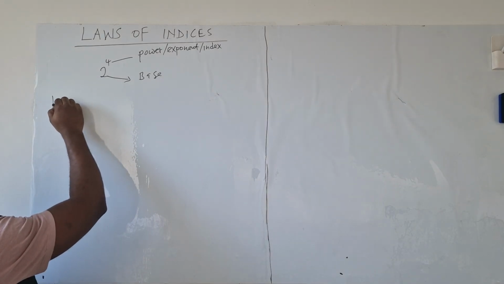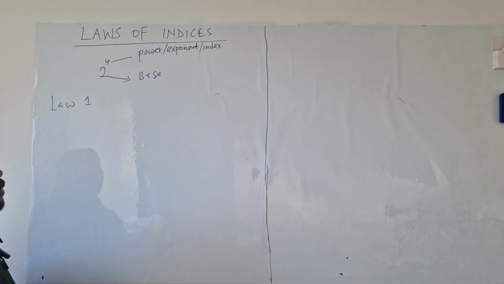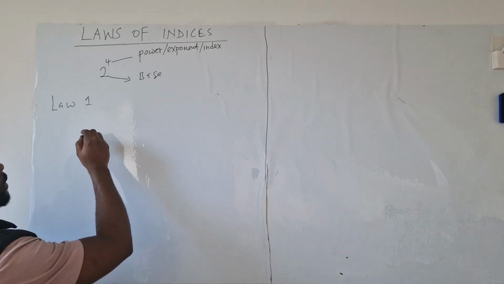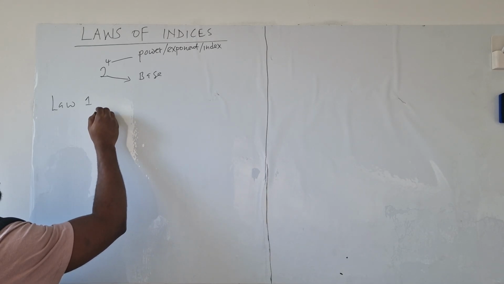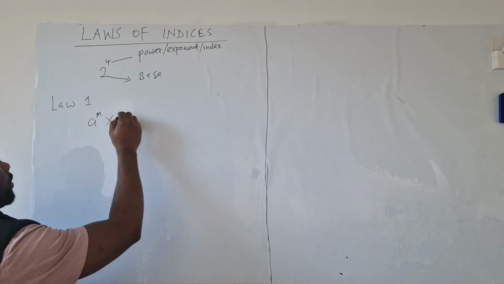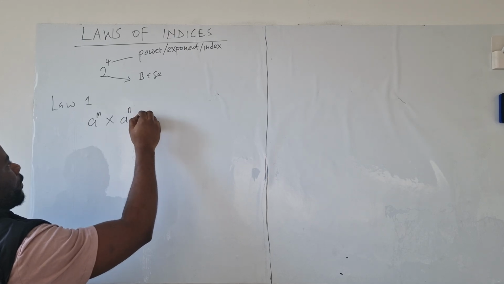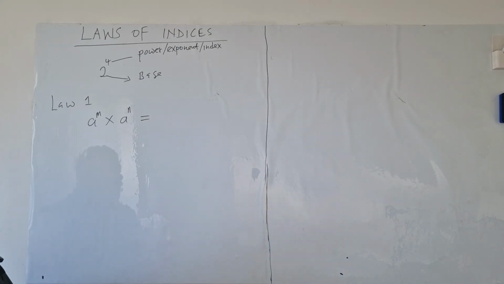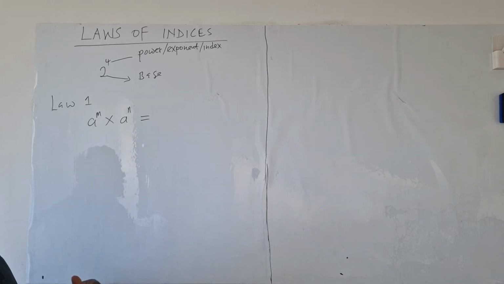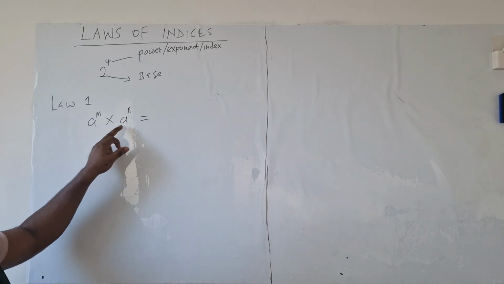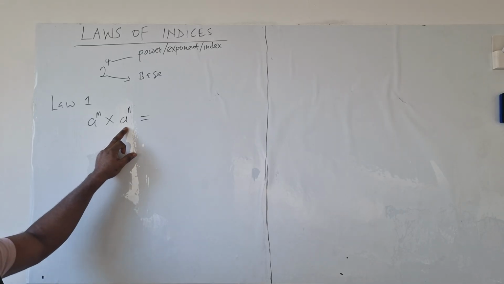Now, let's take the first law, law 1. Law 1 says that a power m times a power n, that is, if you have two index numbers multiplying each other with a common or same base, you realize that we have base a here, we have base a there.